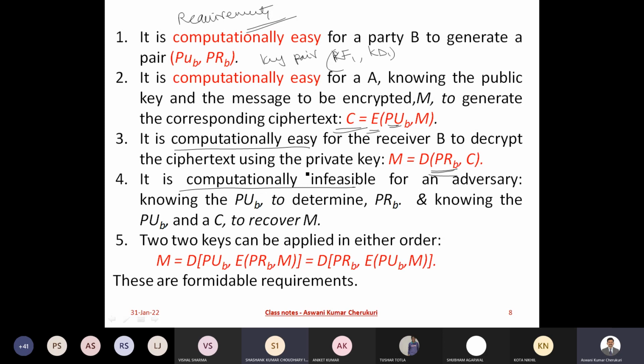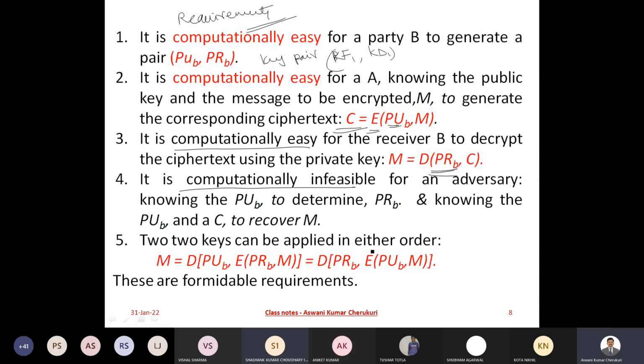Similarly, the plain text. And I must have the flexibility to apply the encryption in any order. Like we have seen in the scenario achieving both confidentiality and authentication, the order of the keys is important.